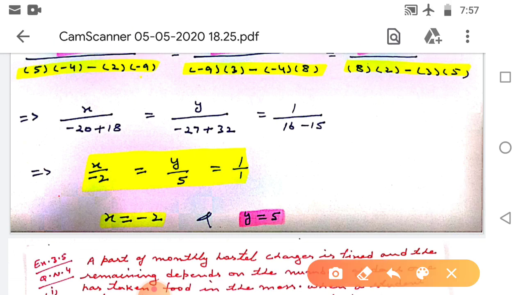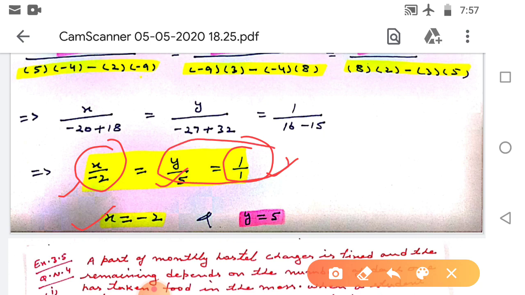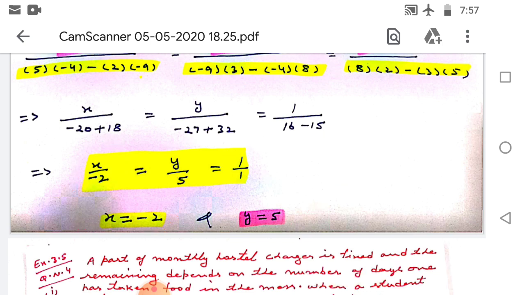Finally we get x upon minus 2 is equal to y upon 5 is equal to 1. Taking the first and third equality, x upon minus 2 is equal to 1 upon 1, so x is equal to minus 2. And taking these two, y upon 5 is equal to 1, so y is equal to 5. So the value of x is minus 2 and the value of y is 5. This is by the cross multiplication method.